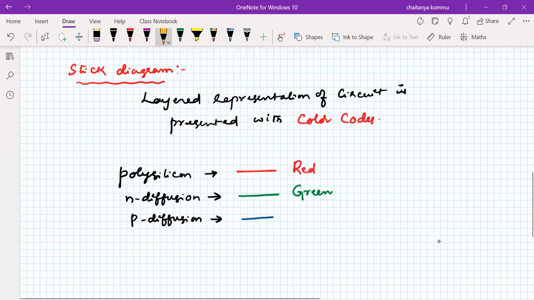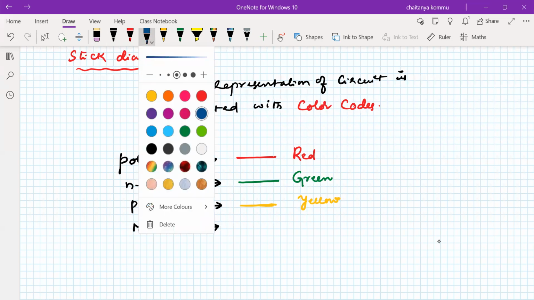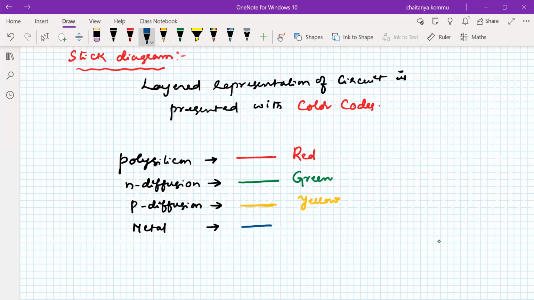Okay, I think this is a yellow color. I can write it. It's a yellow color. Okay, for metal, I am going to use blue color. So blue color.